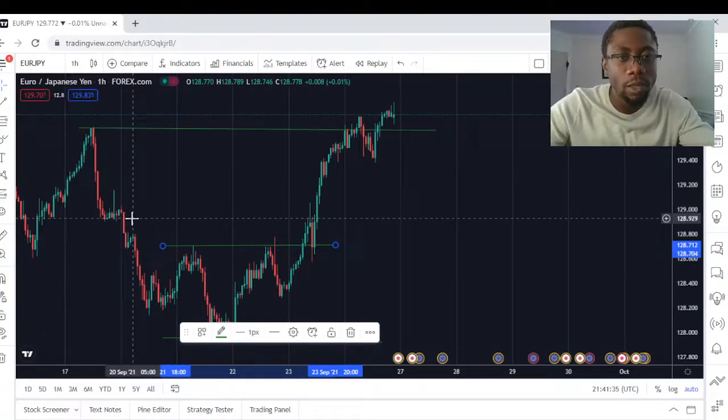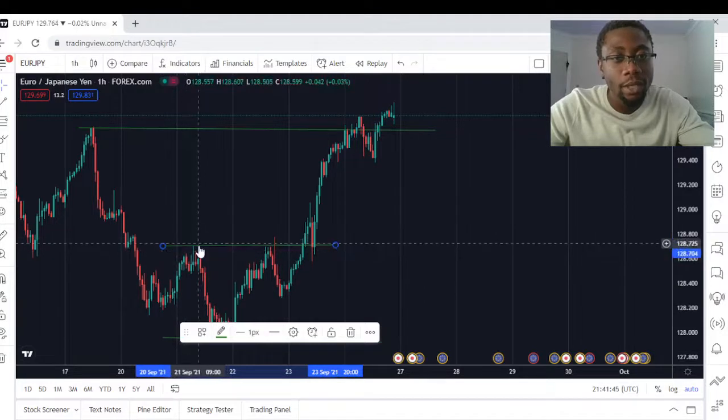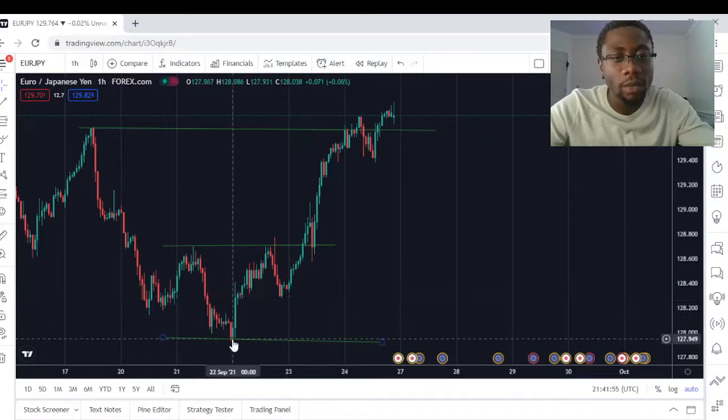Since this was never retested and that was not a valid breakout, then that was just momentum, and it actually created its real low down here and made a swing high up to about this point, where we can see that price came back down to make this ultimate low, and then actually retested this one and broke down to the downside.